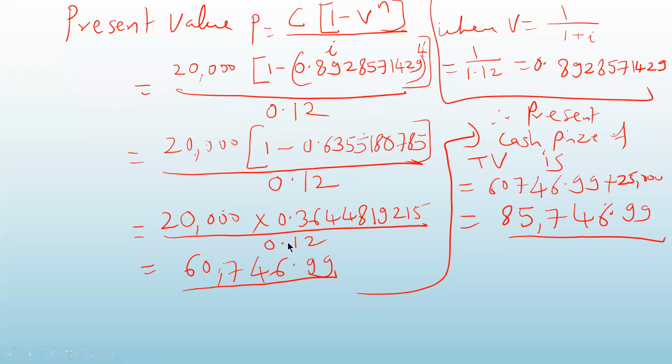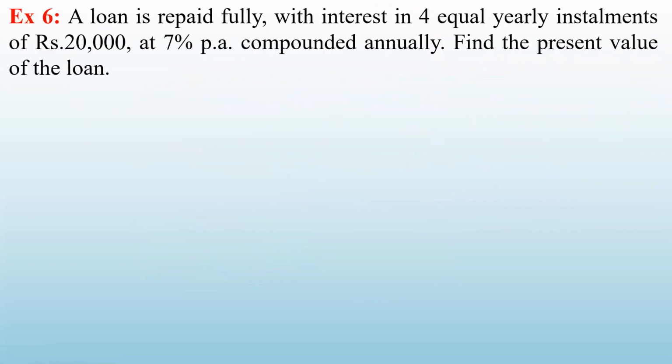When you get the present value, add it to the down payment, and you will get the cash price of the TV. I hope you have understood this problem. This problem and the previous problem were exactly opposite to each other. Let us take the next problem.